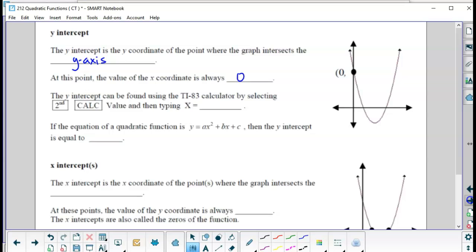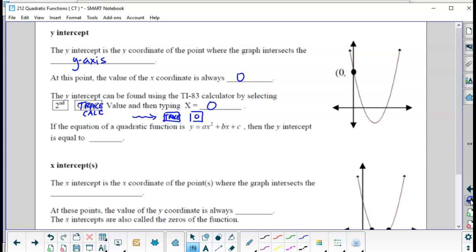So this would be actually, as I said, trace, which is calc, value, and then typing in x equals 0. Or even faster is just to be in trace mode and enter 0. Okay, and you'll see the x equals.